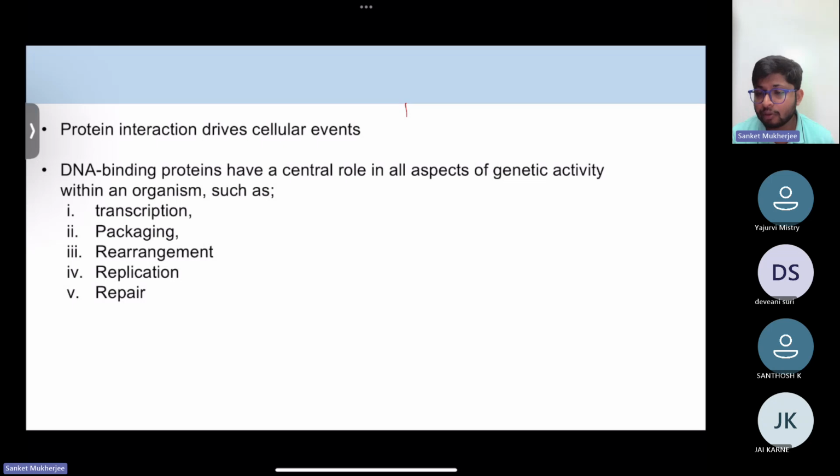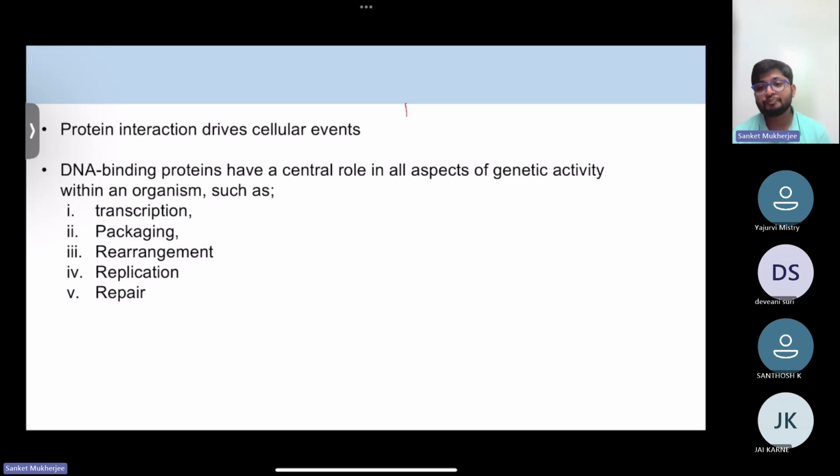If we talk about all the multiple important processes which occur in our body, there are proteins which are involved. The role of DNA as such is not exactly seen. Although now we know that DNA codes for these proteins, so it is important for the DNA to be there as well. However, what is most important is that there are several DNA binding proteins, and these proteins are of specific interest to us, for this course specifically.